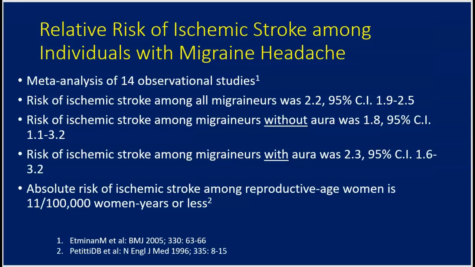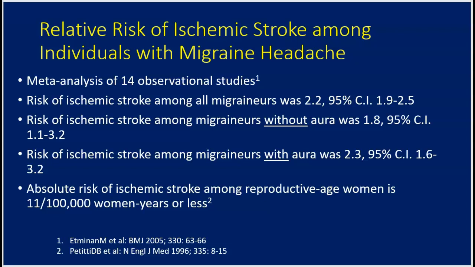Relative risk of ischemic stroke in individuals with migraine headaches has been looked at in a number of studies, and the first big project to look at it was a meta-analysis of 14 observational studies by Etminan. It showed that the risk of ischemic stroke among all migraineurs, regardless of their type, was about twofold.